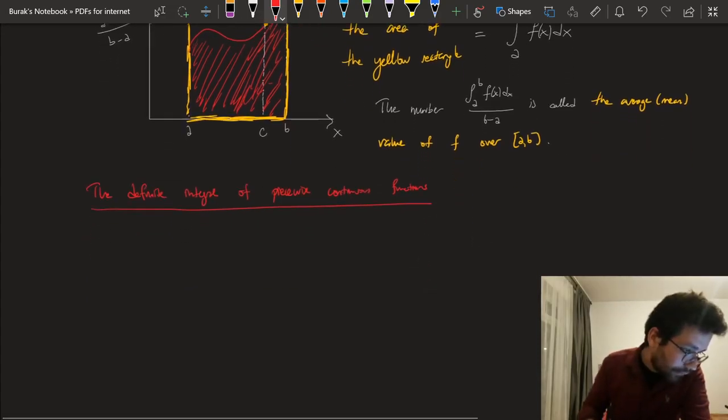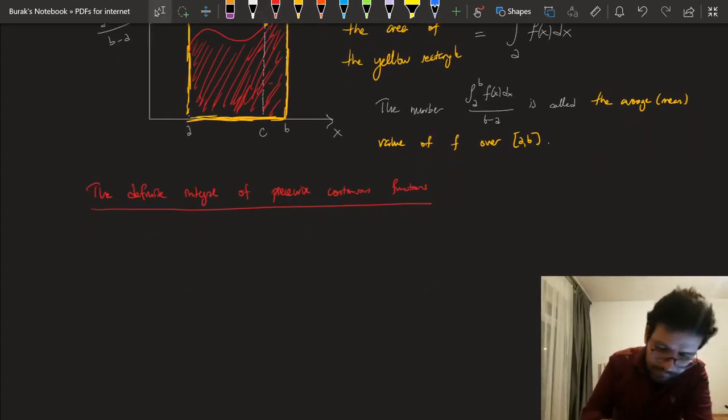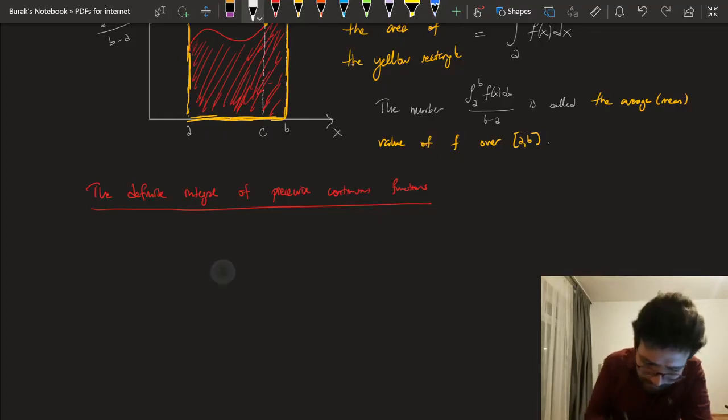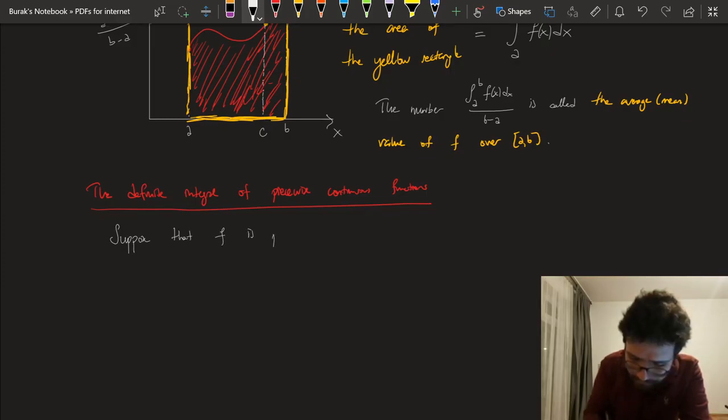Suppose that a function f is piecewise continuous on the interval a b.